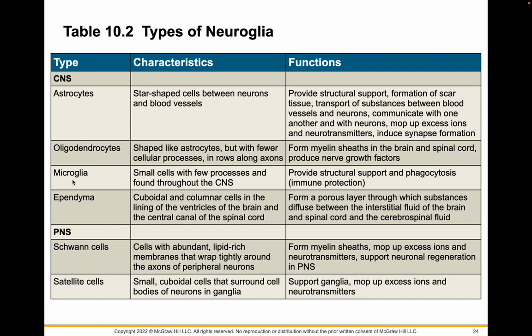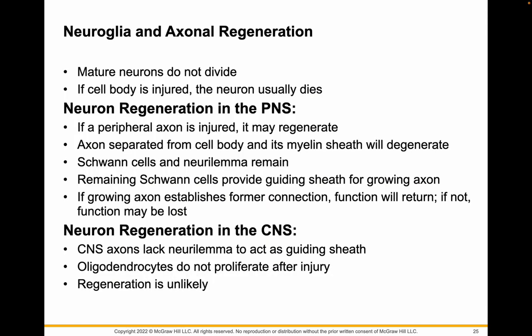The microglia are the small cells that are phagocytic, part of your immune response. They can also eat up any viral or infected cells there. And then our ependymal cells are those simple columnar, simple cuboidal cells that form this barrier and make the interstitial fluid, the brain and spinal cord fluid, or cerebrospinal fluid.